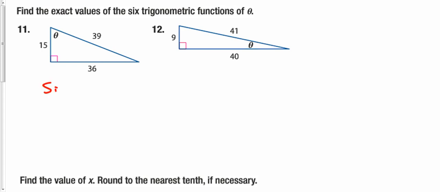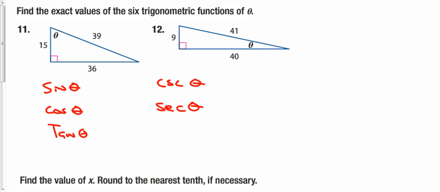So it's going to be the sine of theta, cosine of theta, tangent of theta, cosecant of theta, secant of theta, and cotangent of theta. Basically, I'm going to do number 11 right now. All we have to do for these six is put the right ratios.